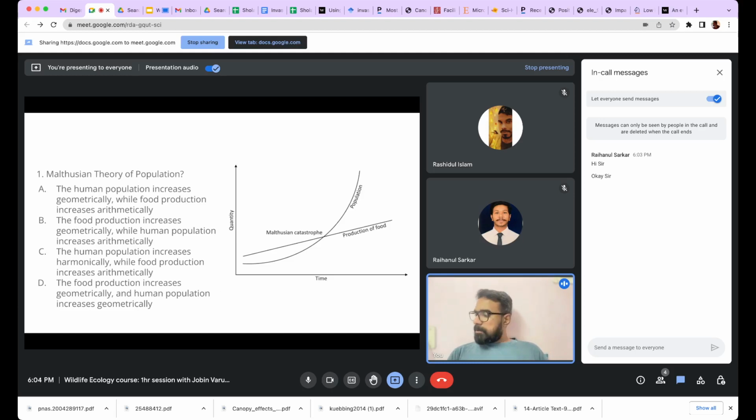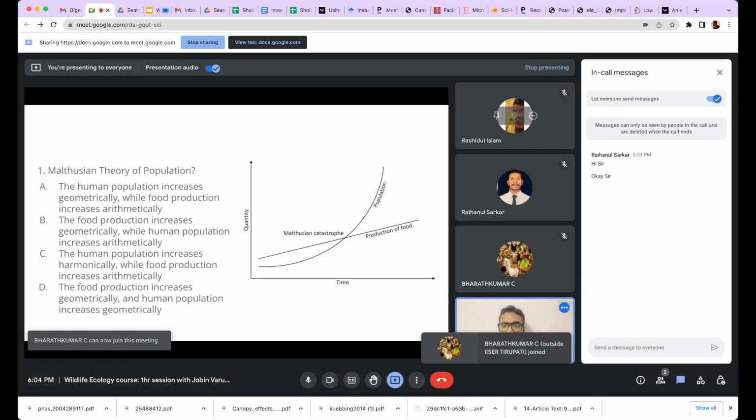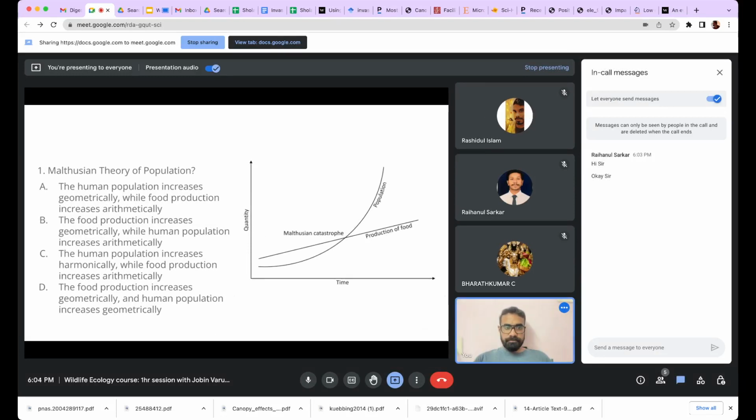So this is something that Professor Ankur keeps on talking about. He keeps on talking about the Malthusian theory of population. So I am hoping that you understood by now what the Malthusian theory of population is. Bharat, this is the first question, so you may as well attempt.